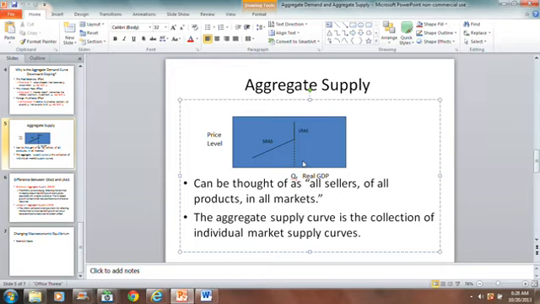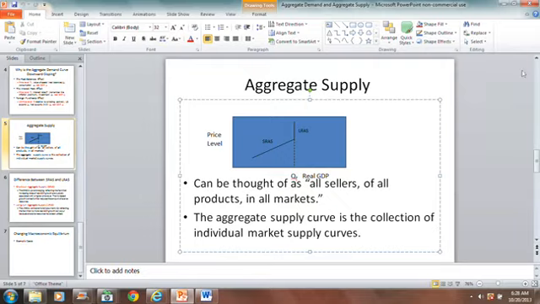Because there could be new resource discoveries, there could be innovative ways of doing things that allow us to squeeze more out of existing resources, or maybe we've overestimated the amount of resources we thought were in existence, and the actual amount of resources could be fewer. So our definition of full employment can change, and it will change in response to the aggregate supply curve shifting left or right.